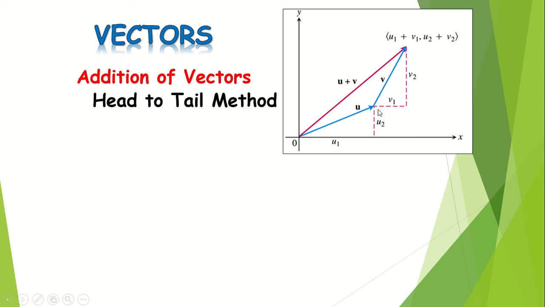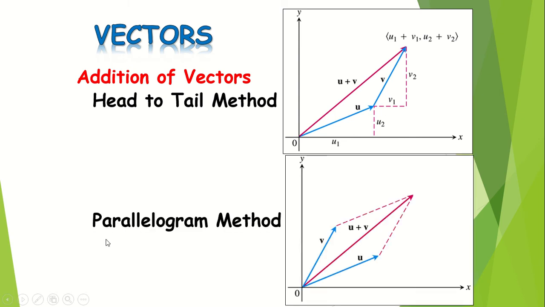To sum up u and v, we have here the vector sum, and this is represented by this one: u1 plus v1. I mean, the coordinates of this one are u1 plus v1, u2 plus v2.